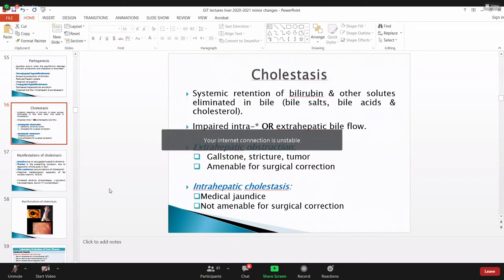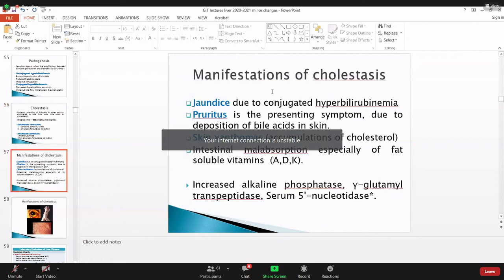Okay, the main manifestations of cholestasis: jaundice, yellowish discoloring due to the deposition of bile acids in the skin and bile salts. Skin xanthomas due to cholesterol retention. There is accumulation of cholesterol underneath the skin, especially around the eye, most of all, okay?